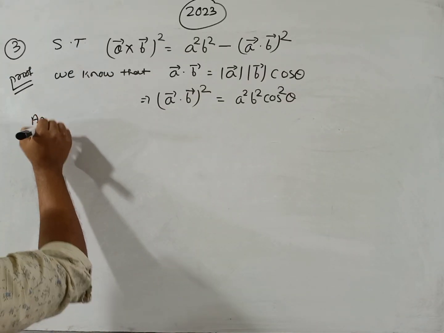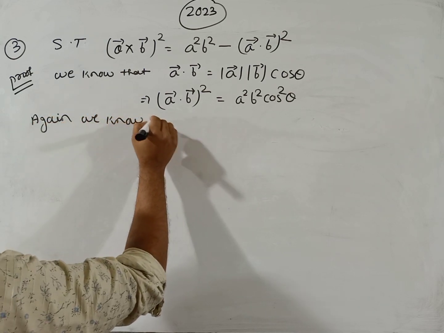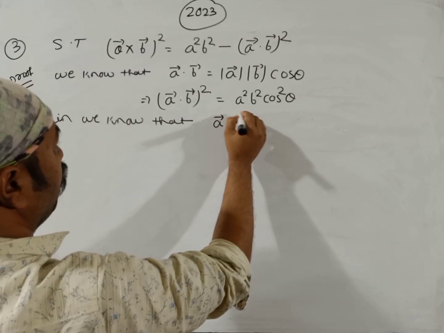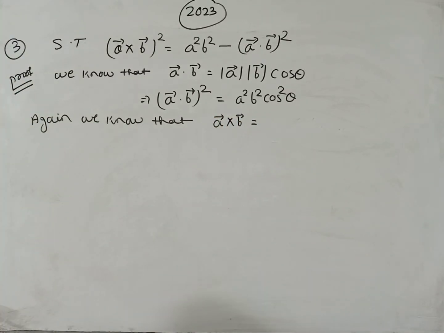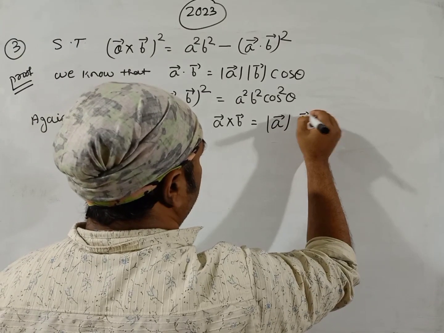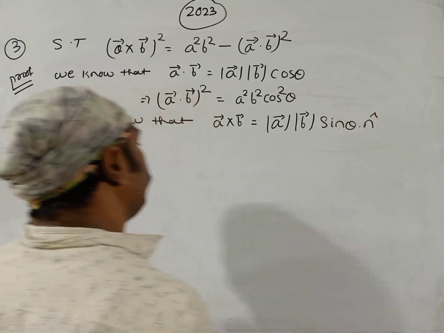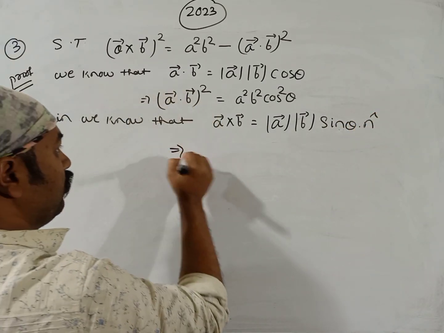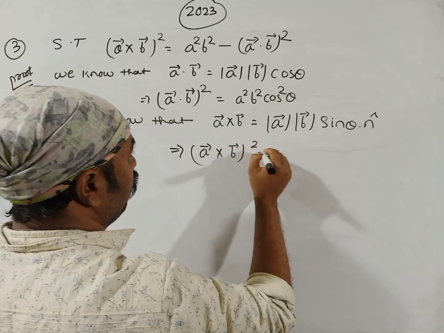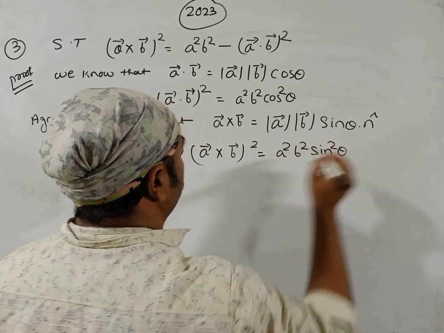Again, we know that the cross product of a vector and b vector is a square b square sin square theta.